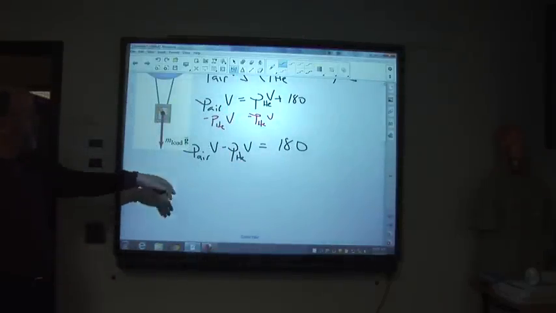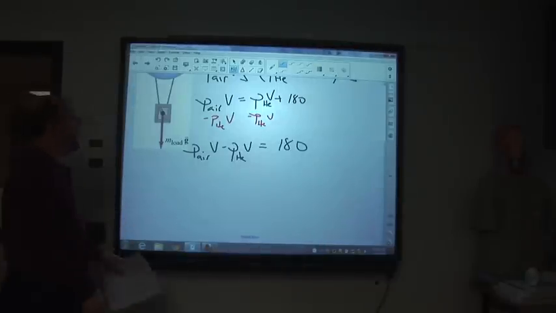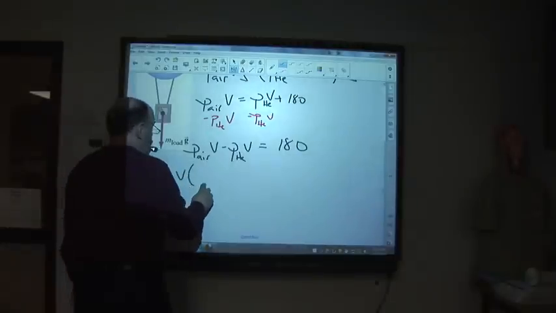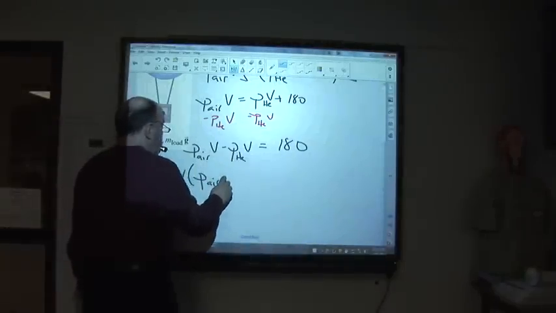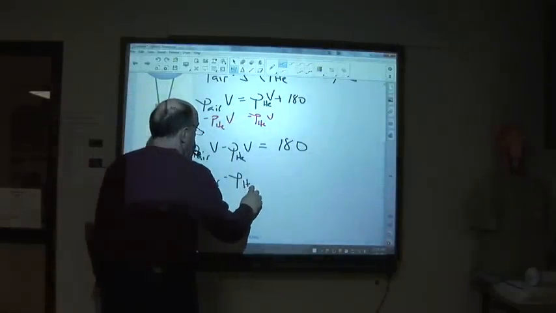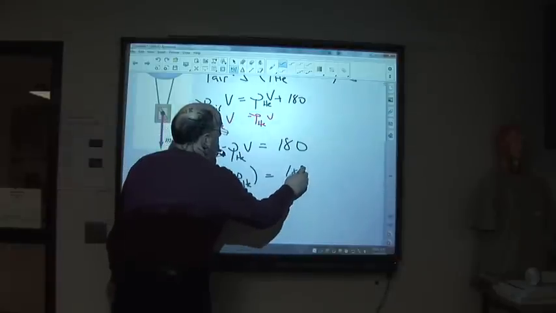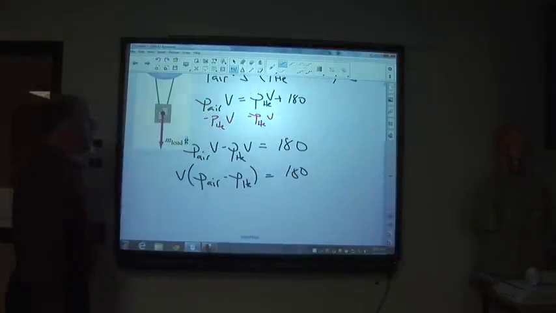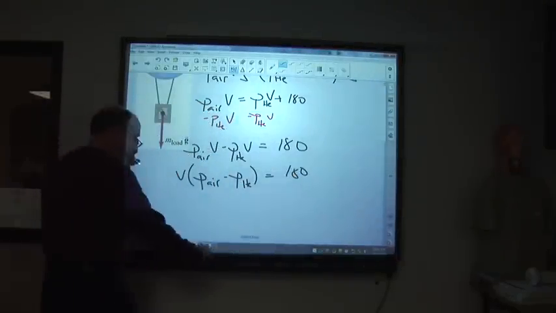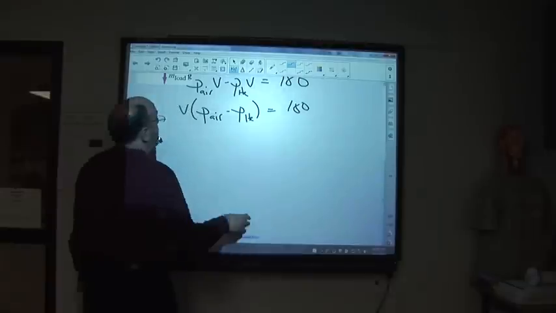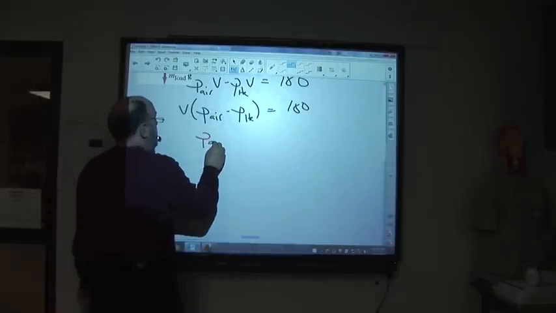Now we can factor the V out, and so the volume is going to be the density of air minus the density of helium, equals 180. Next step is to divide, so we divide both sides by the densities.